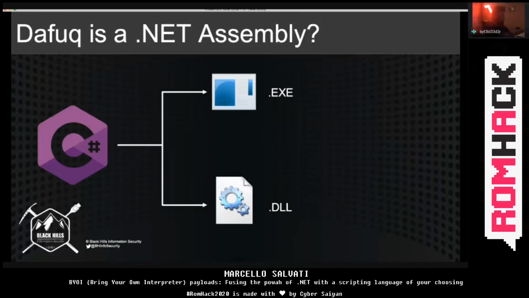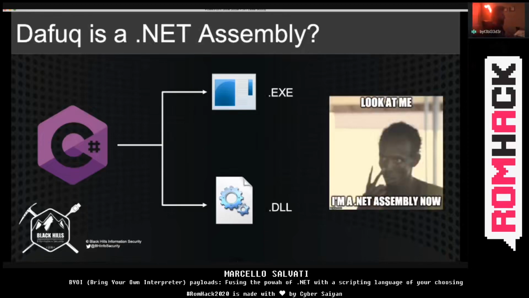You turn C# code into an executable, that is a C# assembly, okay? You turn C# into a DLL, that's also a C# assembly. From .NET's point of view, a .exe or a .dll that's been compiled from a .NET language is the same thing. There is no difference from the .NET point of view, okay?